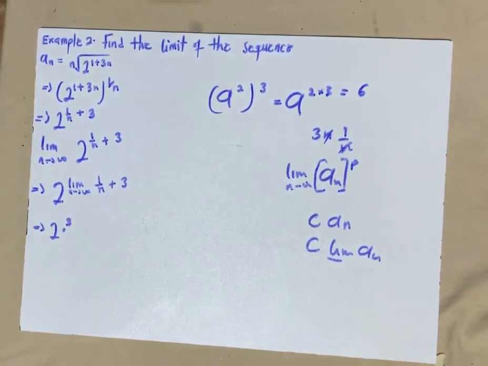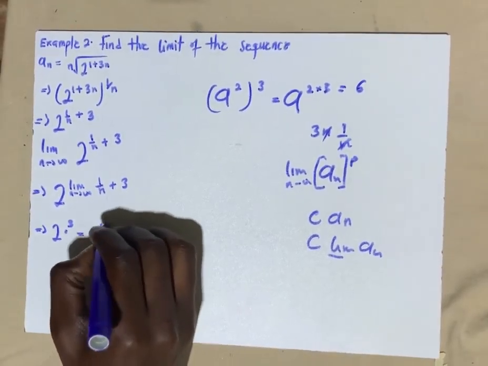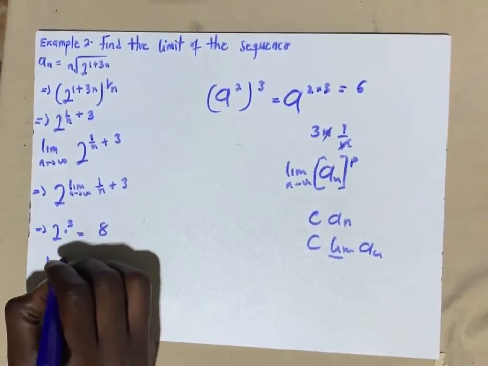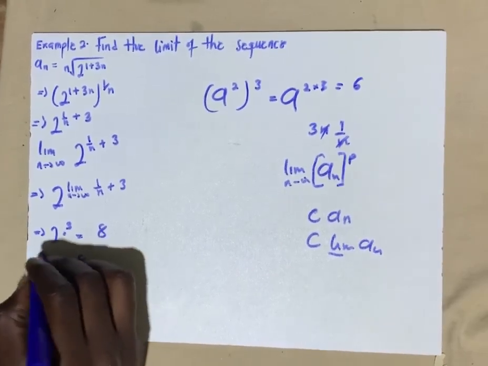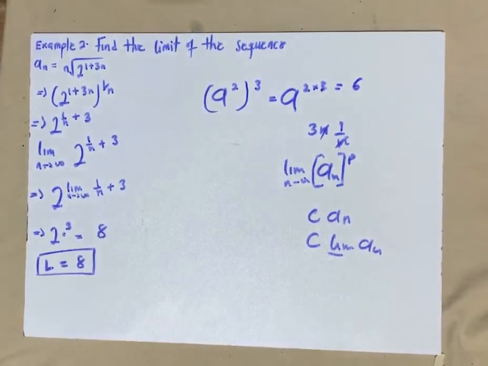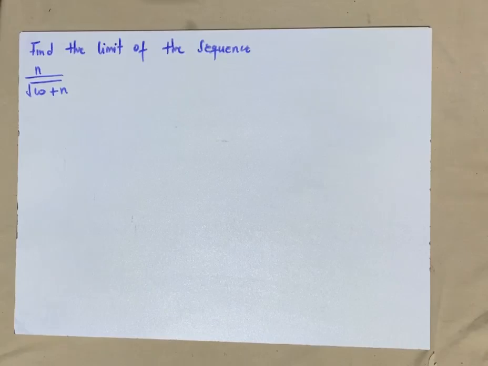So obviously we are just going to get 2 to the power 3, which easily gives us 8, which means our limit L exists and is 8, which means the sequence is converging. So you can see that the sequence is converging at 8. Very, very simple.